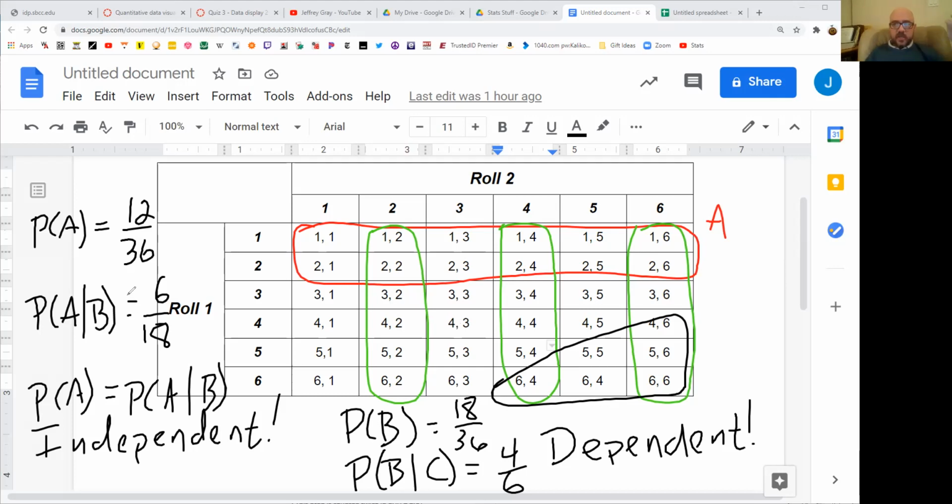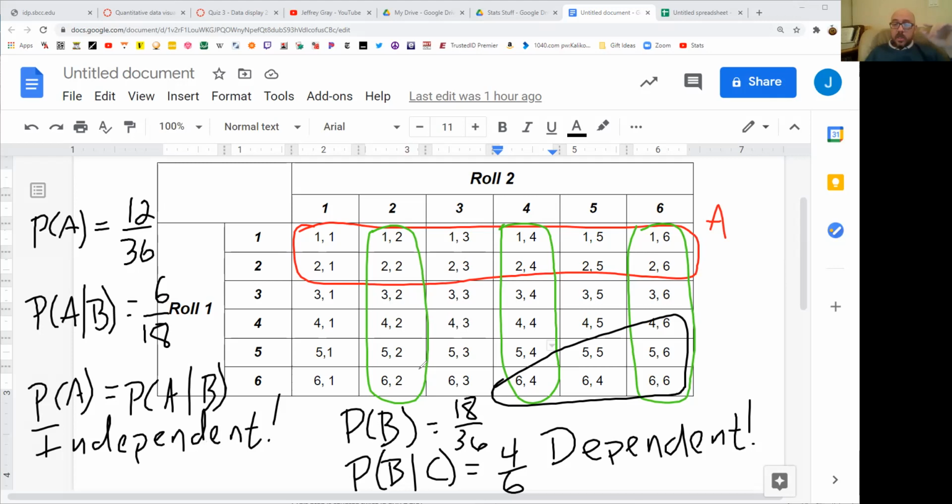I would not expect one roll of the dice to affect the other one, and it doesn't, right? Whether the first roll is a 1 or 2 is not affected by the second roll being even or odd. And so you would expect that A and B would be independent of each other, and they are.